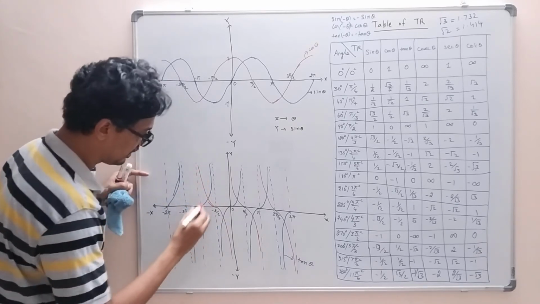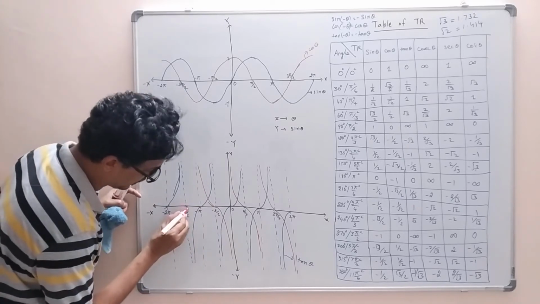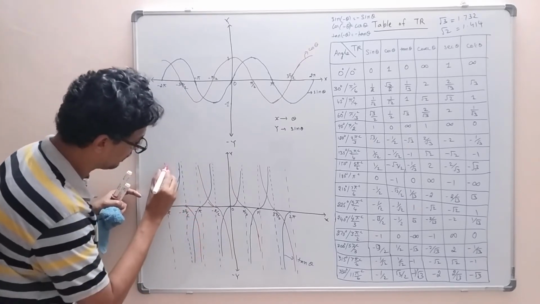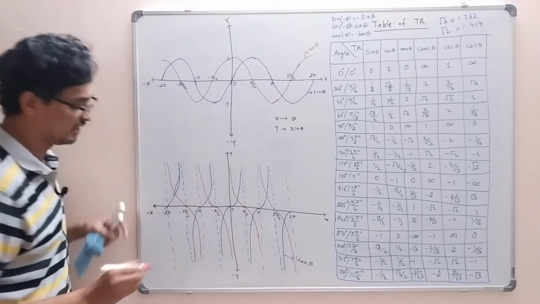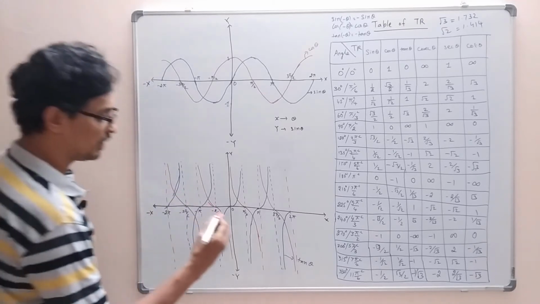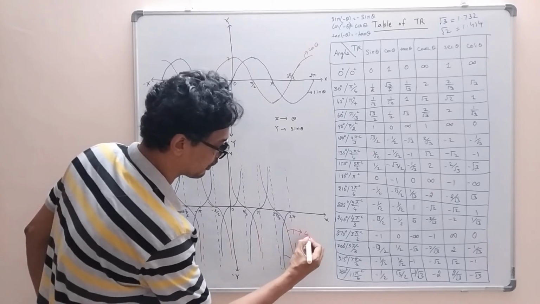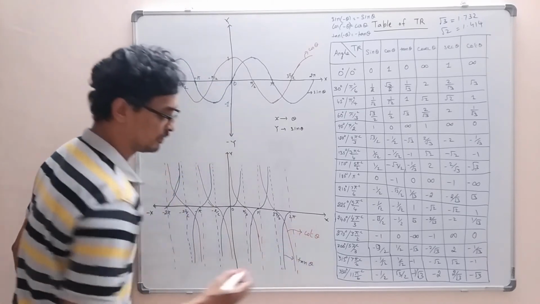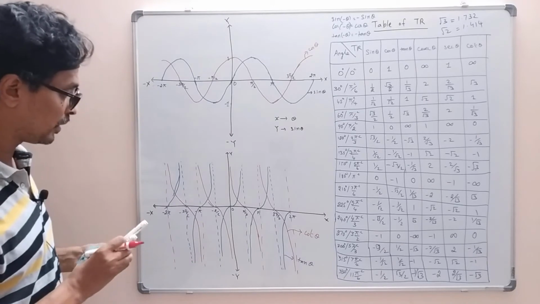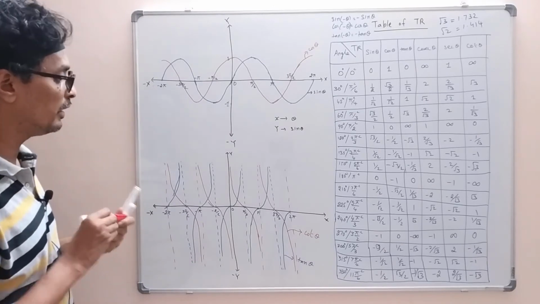And then again this will come like this, and it will go like this. Okay, so this is your which function? Tell me. Cot theta. Okay. So this is your graphical representation of tan theta and cot theta.